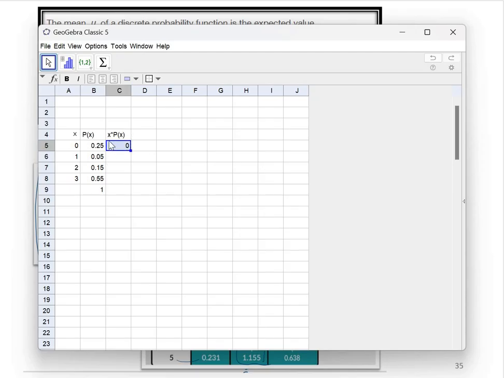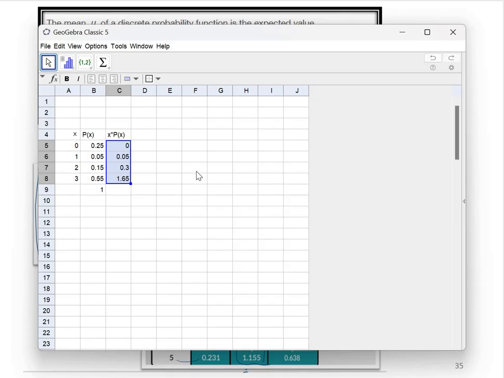Then move the cursor to the right end of the box. The cursor will turn to a cross. When you reach the cross, hold and drag down to the last cell. Then the values will automatically be multiplied and displayed there.